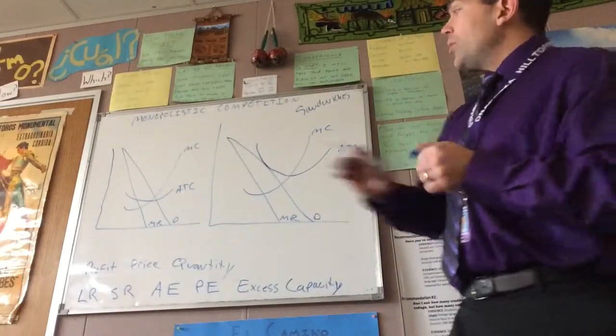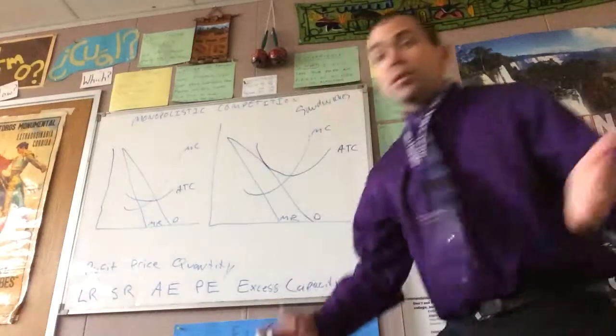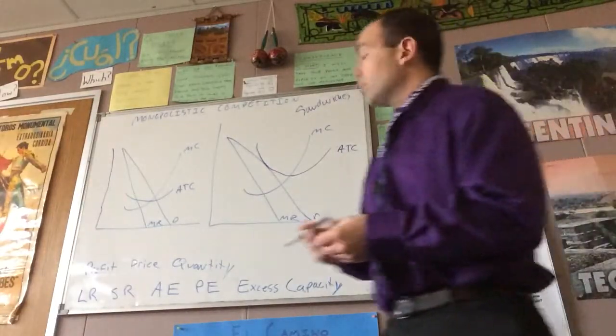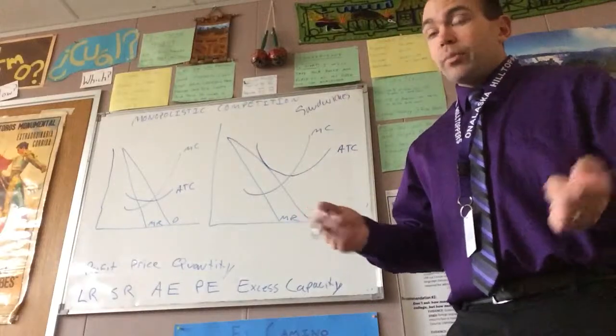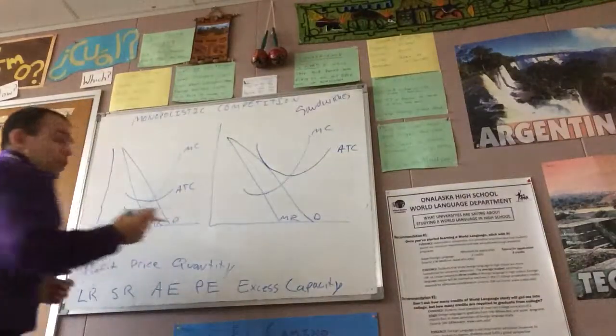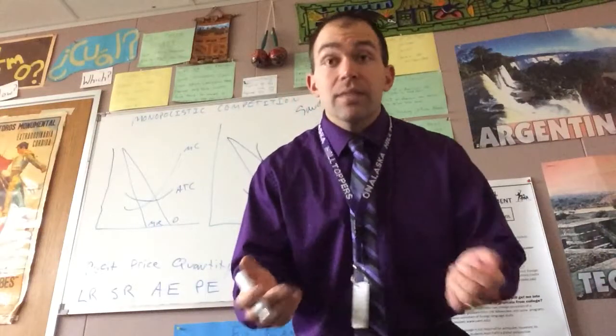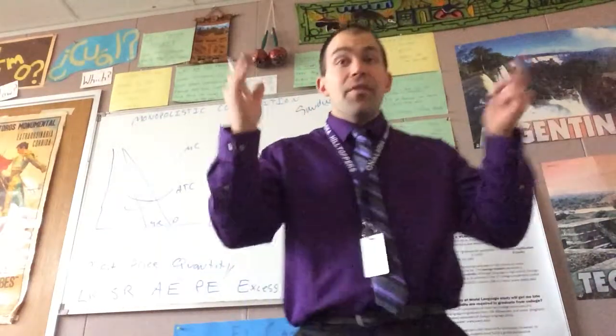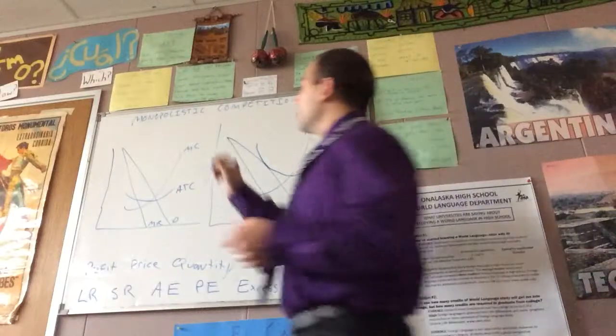Now, this is the short run, and the reason why is because it's making a profit. So where's it producing? Same as with the monopoly. Where do you maximize profit? MR equals MC.